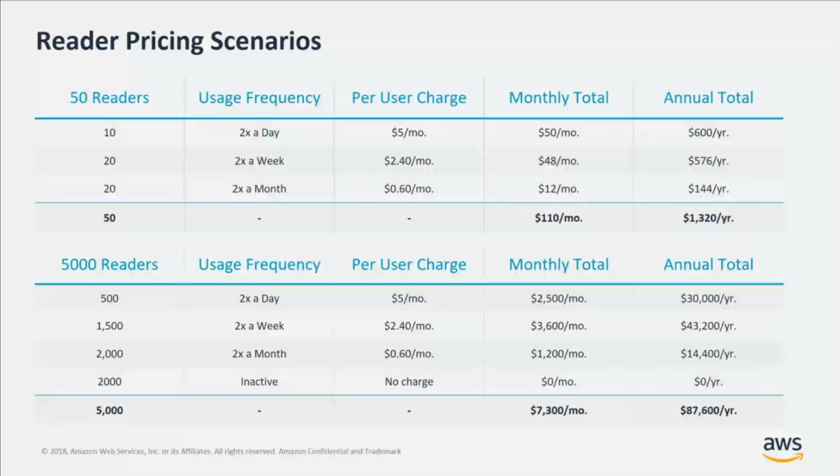And if you look at that at scale, in the context of say 5,000 users, again with a variety of different user activity buckets, you could have a BI solution for 5,000 users for $7,300 a month.